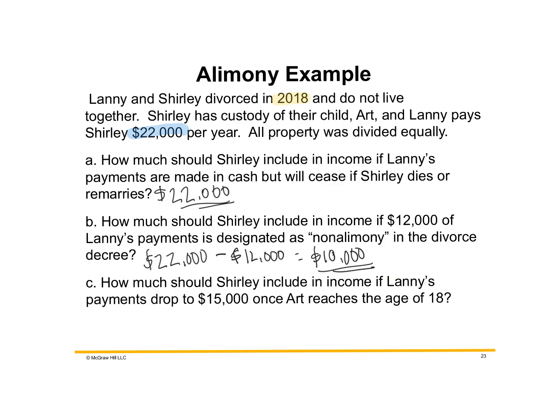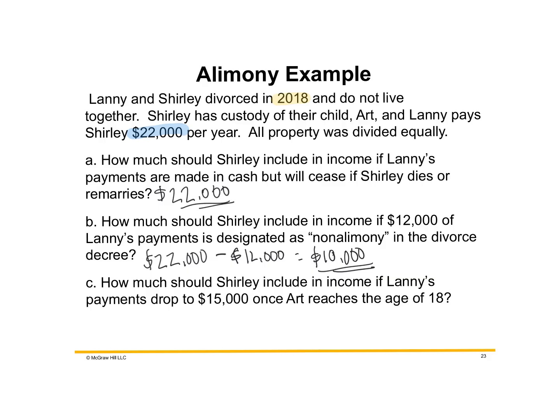So whenever we see something like that, where a payment drops once a child reaches a certain age, that would be indicative of a child support situation, because a part of the payment ceases upon the happening of a specific contingency related to the child. In this case, Art turning 18.